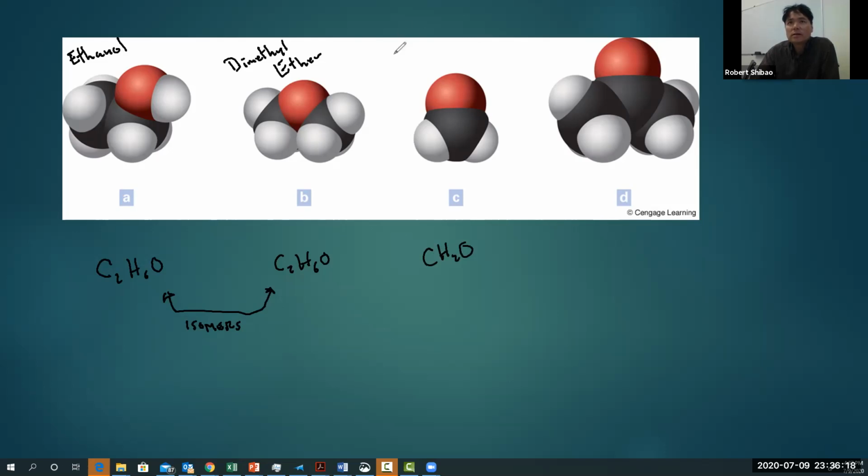This one's formaldehyde. This one has 3 carbons. So C3 and then 6 hydrogens, H6, and then 1 oxygen, C3H6O. In this particular composition and structure, this one is called acetone.